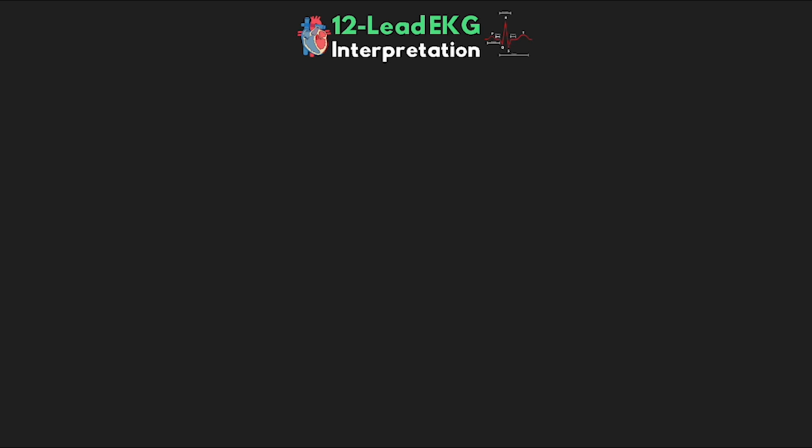Now, there are many different approaches that I've seen, and they all cover the same information, just in different ways of going about it. So here, I'm simply going to be presenting one approach that I found helpful. Alright, so into our 12-lead EKG interpretation. As we go through the steps of our EKG interpretation, we're going to use a normal EKG for this process.